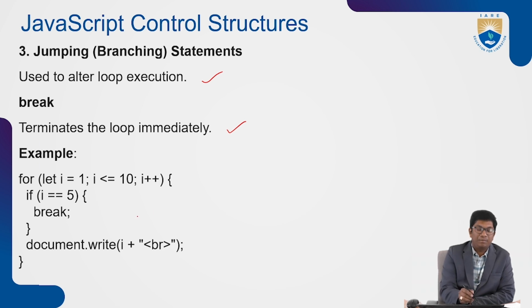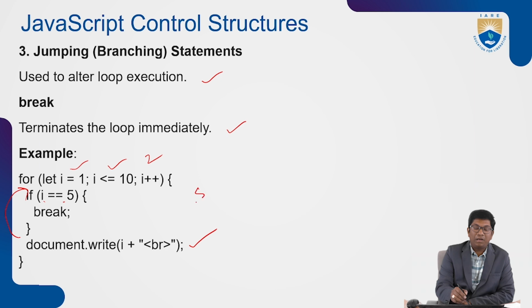See the example in a for loop: i is initialized to 1, i is less than or equal to 10, true. Is i equal to 5? No. Then it displays the output and moves to the next statement. Then i becomes 2, is it equal to 5? No. Then 3, 4, 5.